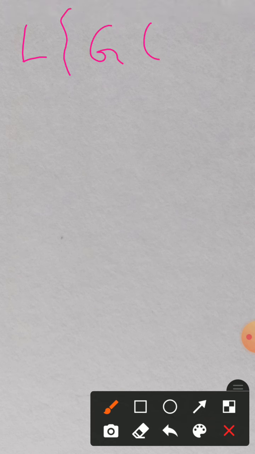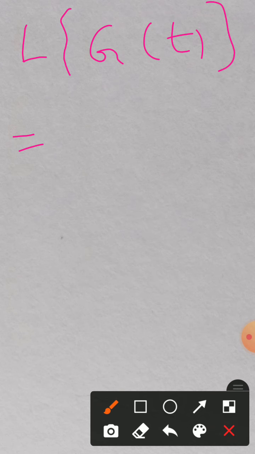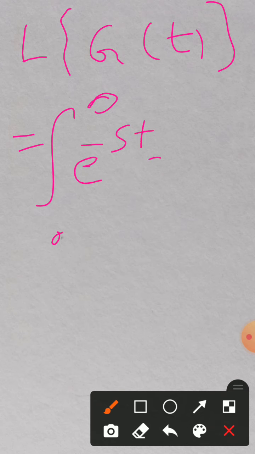Let us calculate the Laplace transform of the new function g(t). According to the fundamental formula, to calculate the Laplace transform of any function, it will be equal to the integral from 0 to infinite of e raised to power minus st, and then write down the function, that is g(t) dt.